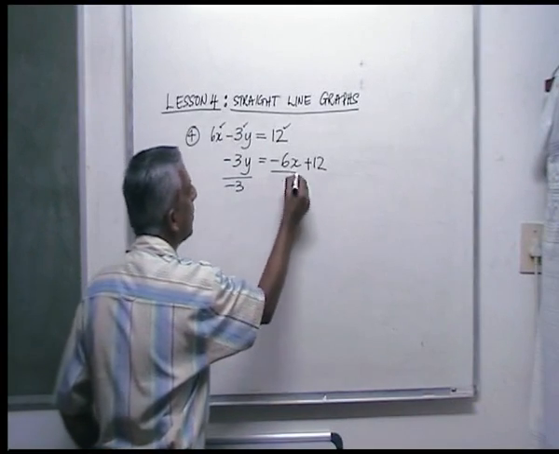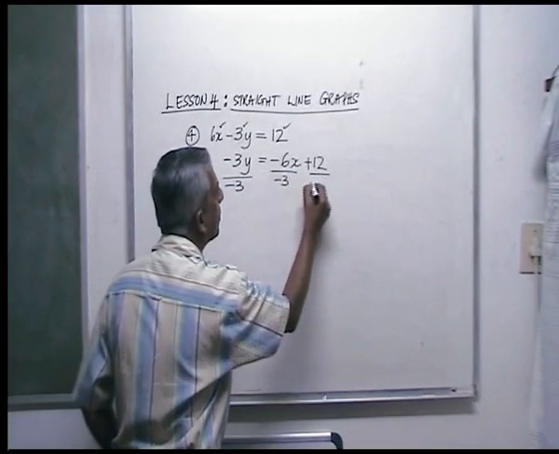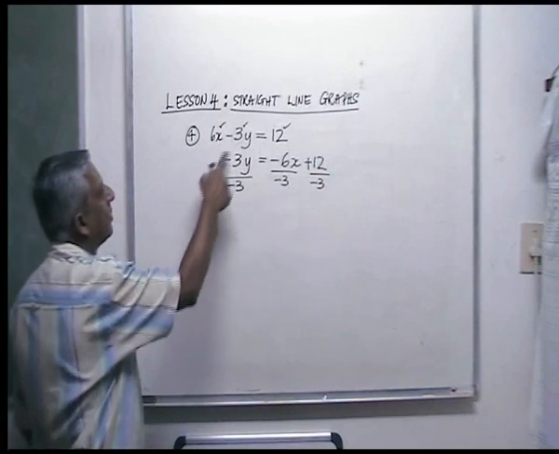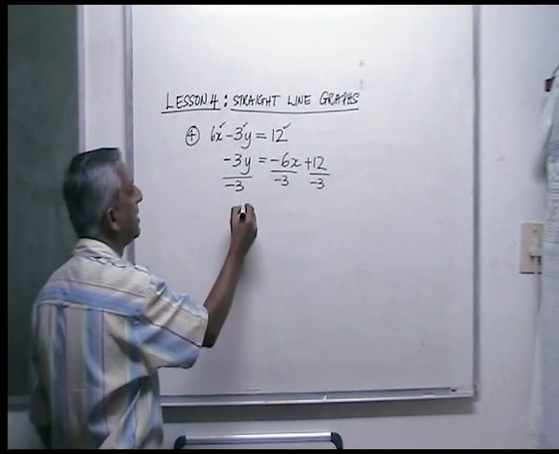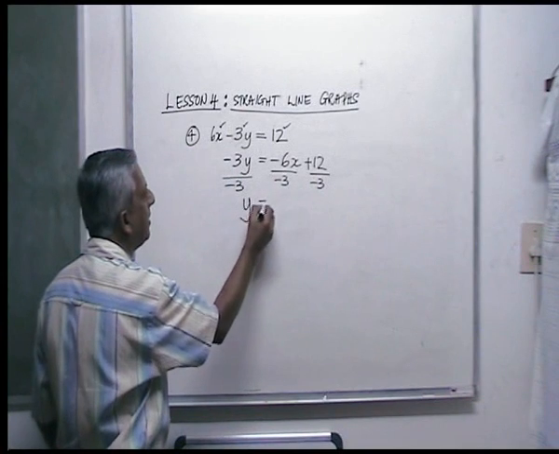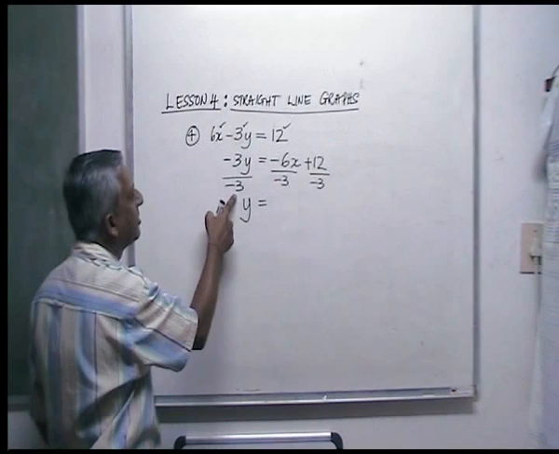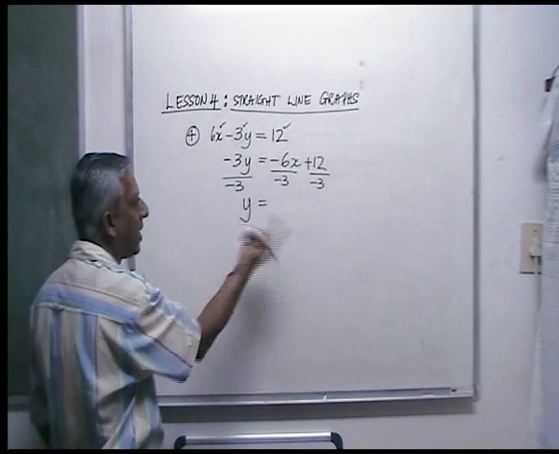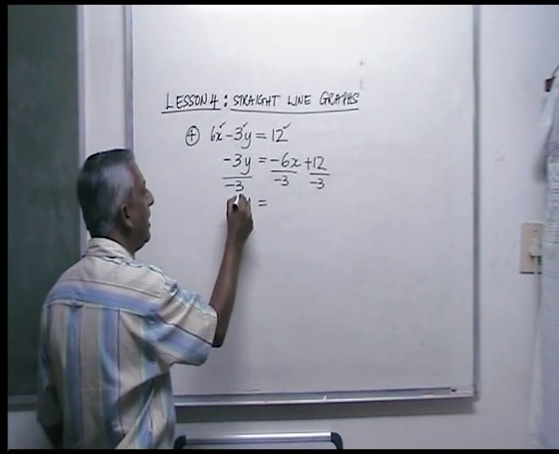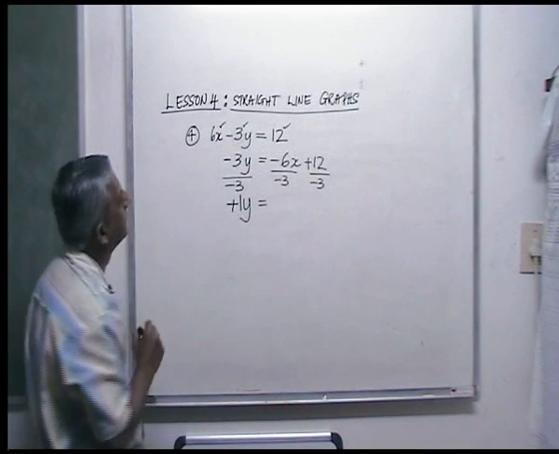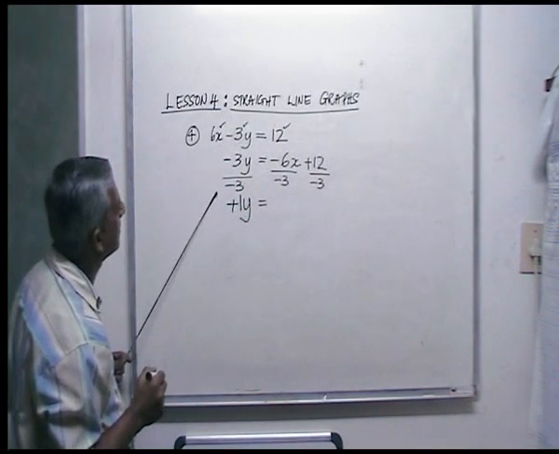It's better to divide each one by minus 3. Minus 3 divided by minus 3 gives you plus, so it's y. Minus divided by minus gives you plus. I don't have to write the plus. 3 divided into 3 one time, I don't have to write the 1. So y is equal to. Alright, let me write it in full. Minus divided by minus is plus.